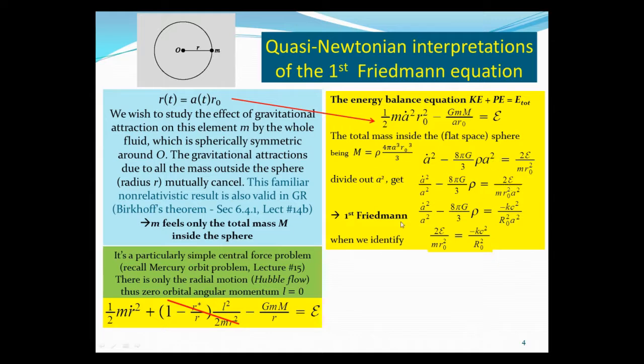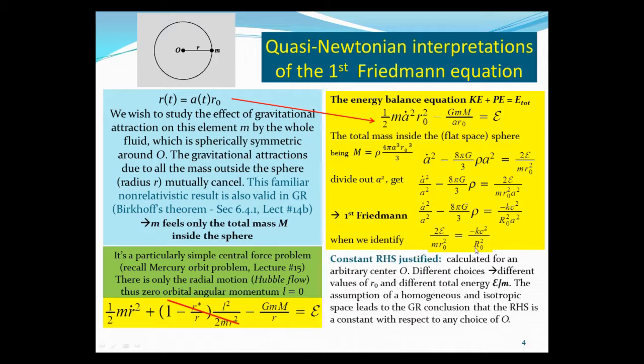Now compare this with the first Friedmann equation. This term is exactly the same; the only difference is the right hand side term. So if we identify the right hand side term, then we can interpret the first Friedmann equation simply as the energy balance equation in the Newtonian interpretation. Now, to justify the identification of the right hand side, remember we calculated with an arbitrary origin.